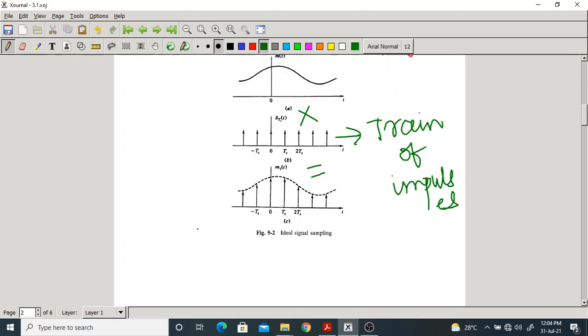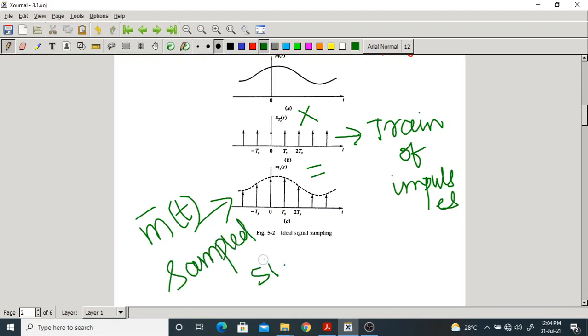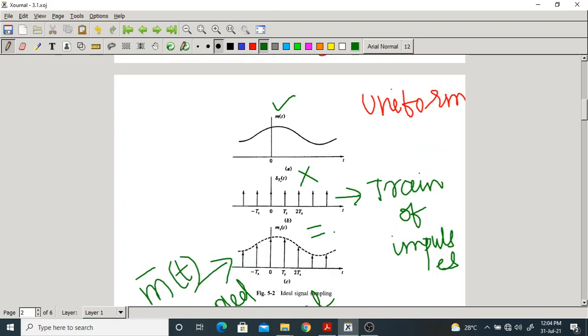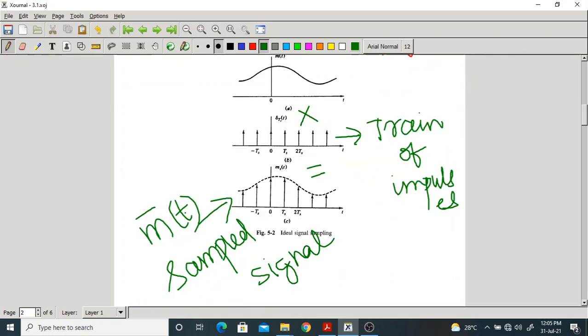What it is called is m delta of t, the sampled signal. So the continuous time signal multiplied by the train of impulses gives you m delta of t.